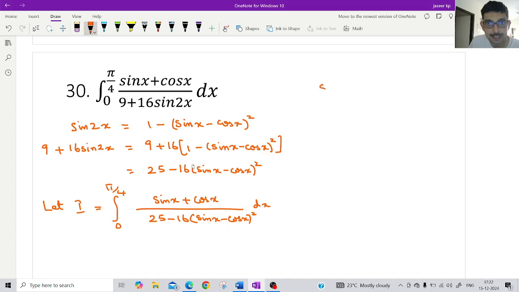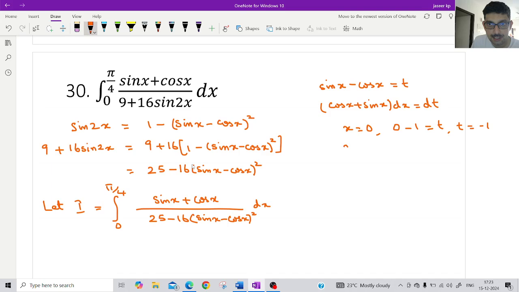Now taking sin x minus cos x as t, so it will become cos x plus sin x dx equal to dt. So now again changing the limits, when x is equal to 0, sin 0 minus cos 0, so t equals minus 1, and x equals pi by 4, sin pi by 4, 1 by root 2, minus cos pi by 4, 1 by root 2, equal to 0. So t equals 0.